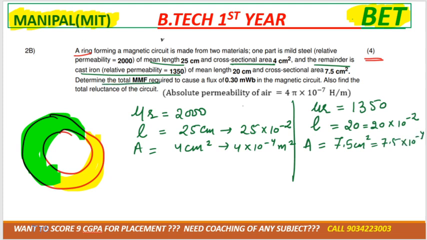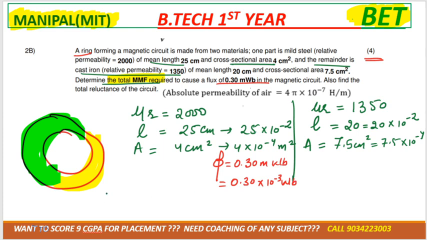Determine the total MMF to cause a flux of 0.30 milliweber. Milliweber means 0.30 into 10 raised to power minus 3 Weber. So we have to calculate the total MMF.